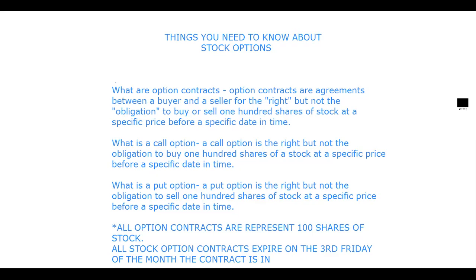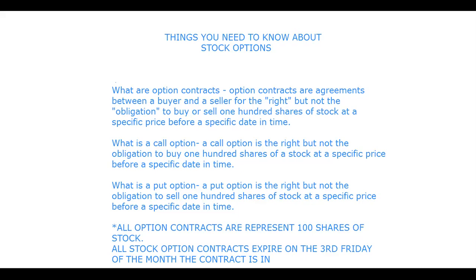And keep in mind, all option contracts represent 100 shares of stock. So you can't get option contracts for 50 shares of stock or 25 shares of stock. They have to be representing 100 shares of stock. And all stock options expire on the third Friday of the month that the contract is in.